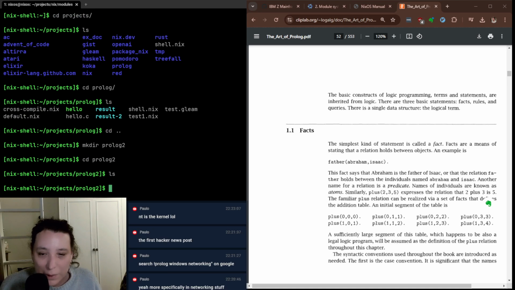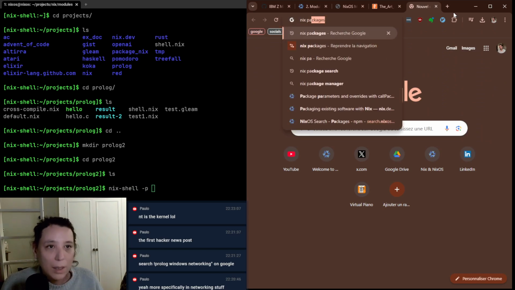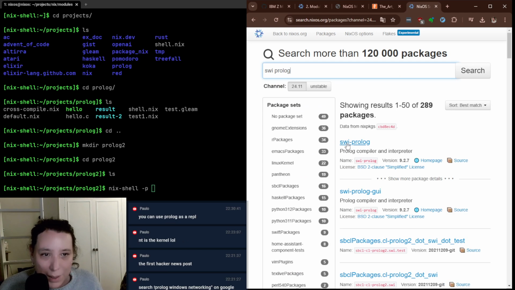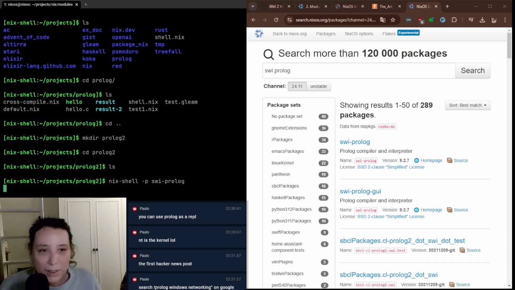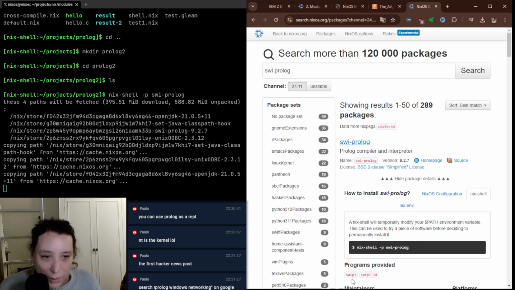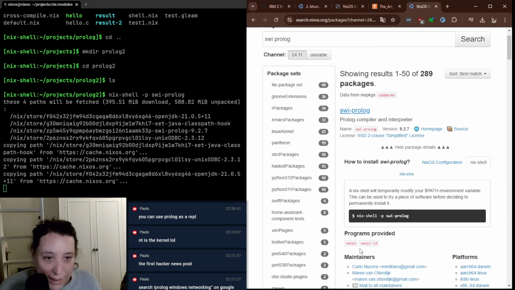All right, so we will run next shell minus p, what is it called? SWI Prolog. SWI Prolog. That should get us Prolog. And this will give us SWI-PL.